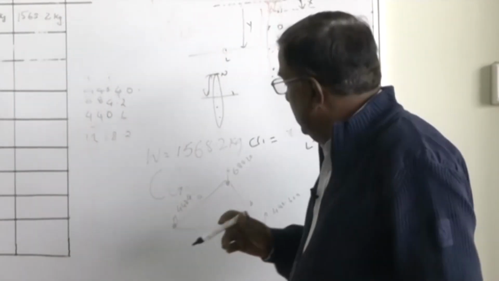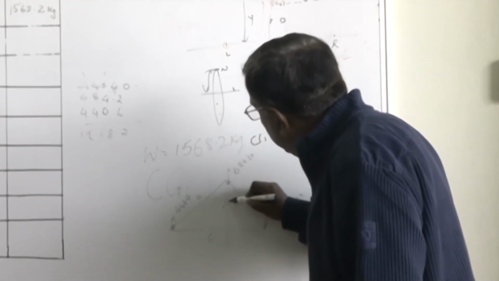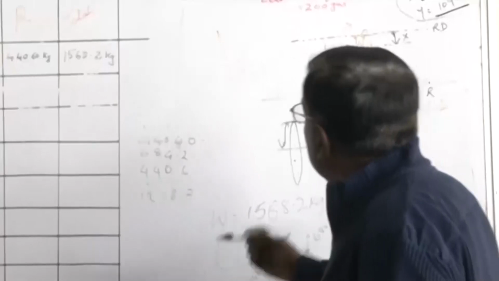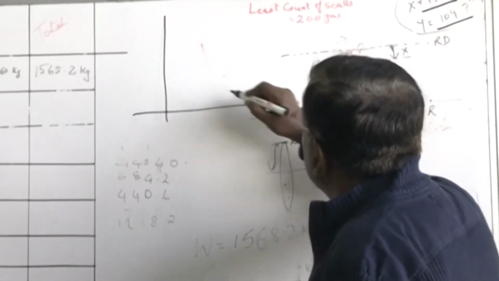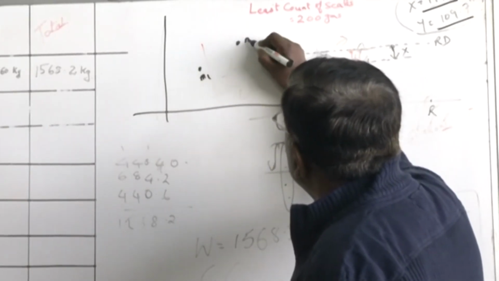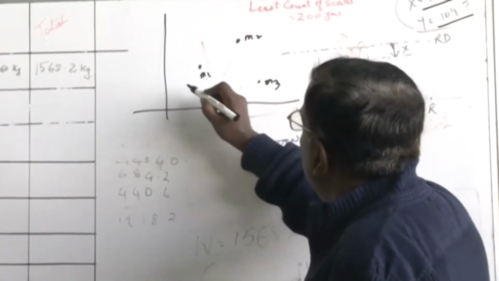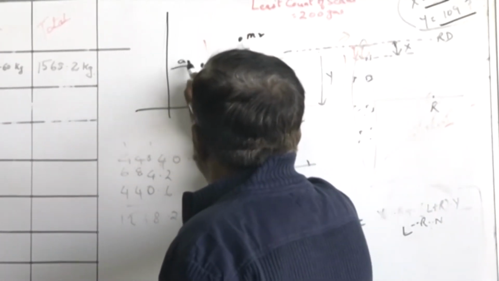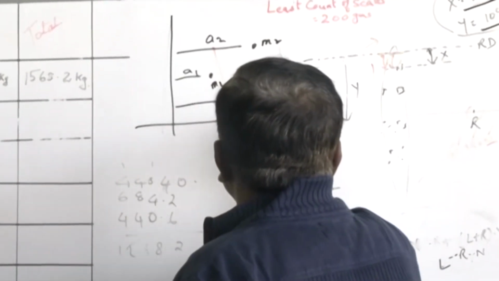This is one observation. Now if I want to find out where is the CG of this configuration, it is very simple. You know how to find CG. Suppose this is the reference axis and there are three masses M1, M2 and M3. And you know their locations A1, A2 and A3.